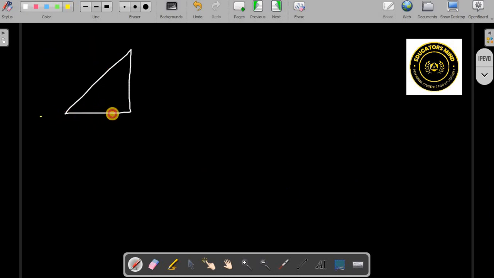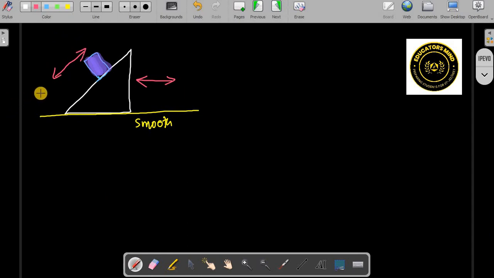Okay, suppose this is a wedge. This is a smooth surface and it is free to slide. So this wedge is constrained to move horizontally. When you keep a block here like this and release it, with respect to the wedge it can move in this direction or this direction. So the block is constrained to move over the surface of the wedge.